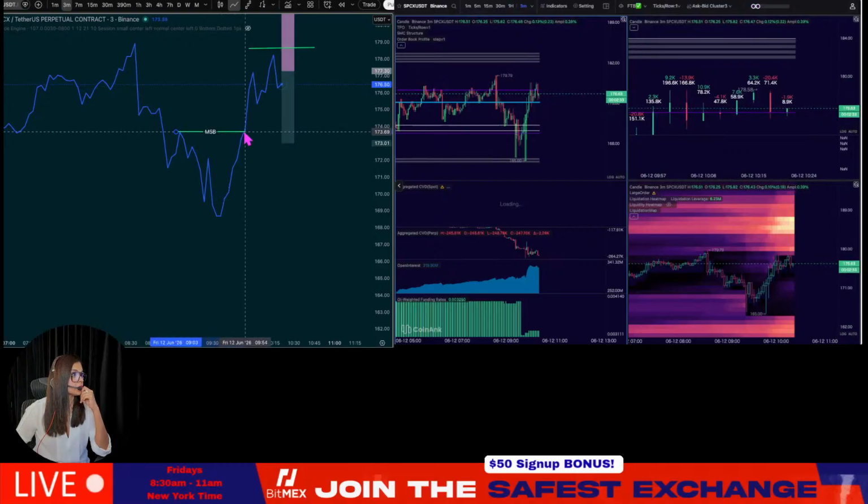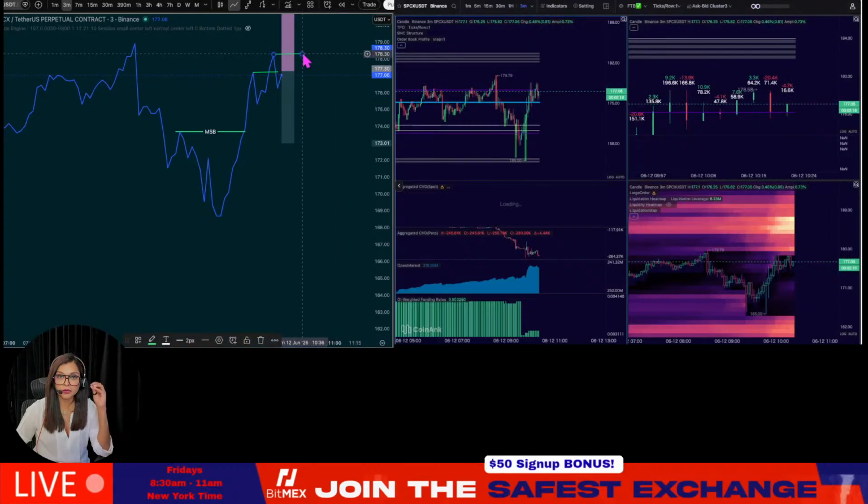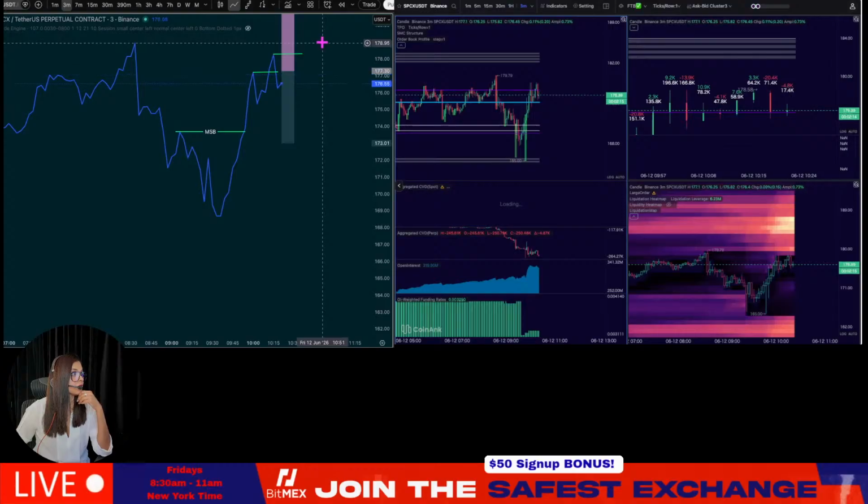So that's your MSB. And now, in order to see a BOS, a break of structure, which is a trend continuation, this one would have to break and hold. And this one would have to break and hold with the body of a candle. And I guess this is the big resistance right here, 178.97.